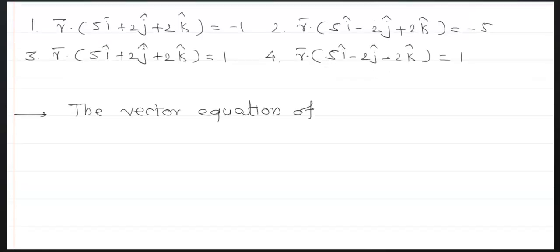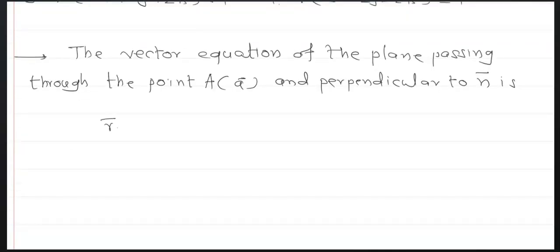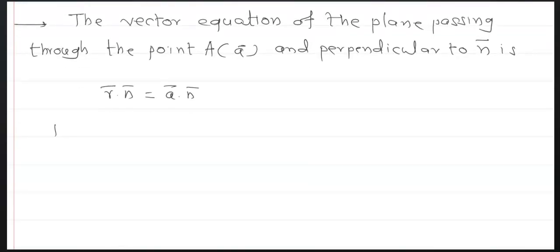The vector equation of the plane passing through the point A and perpendicular to n bar is r bar dot n bar is equal to a bar dot n bar.